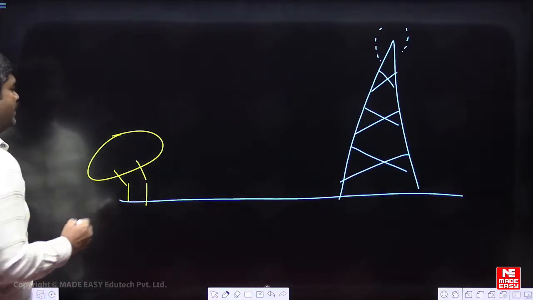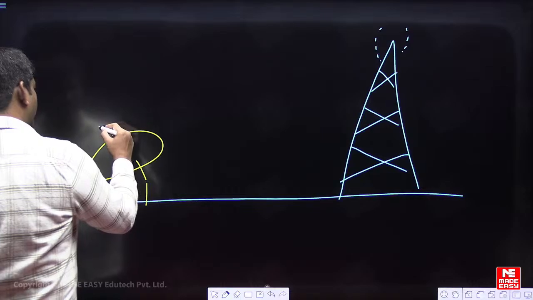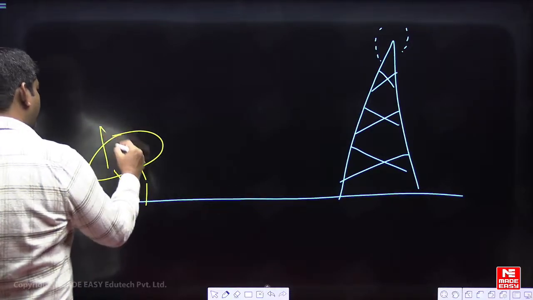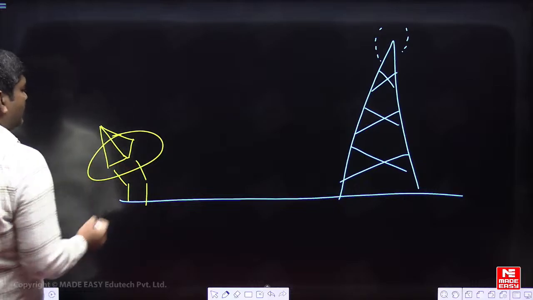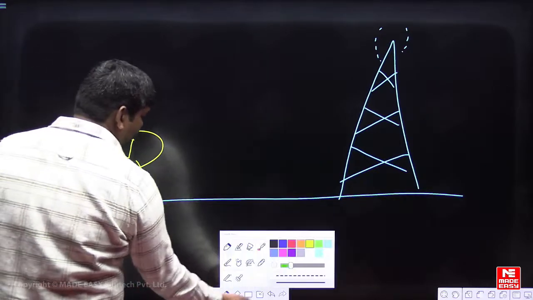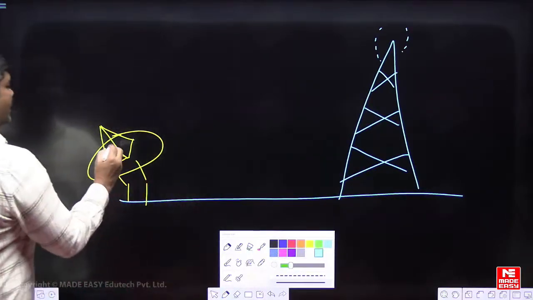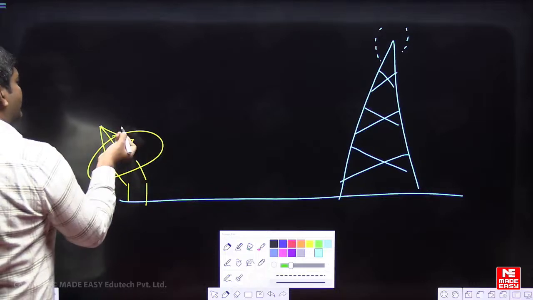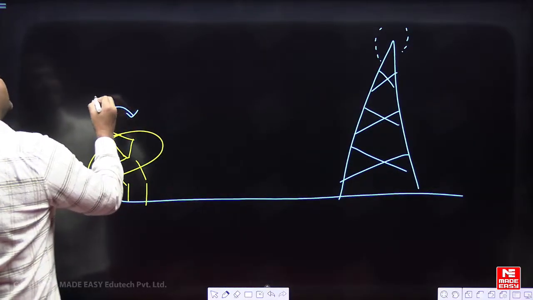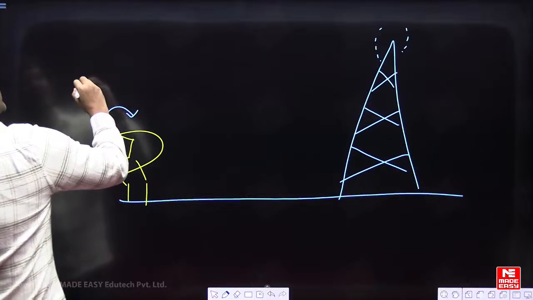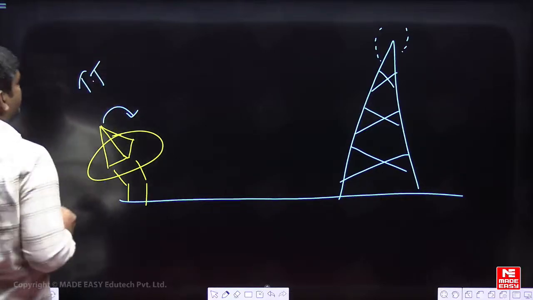Normally a dish will be connected, so here also in 3 dimensions the stations will be there. From here you are transmitting the signal. Whatever you transmit in free space, the time at which it is transmitting, you can call it the transmission time.